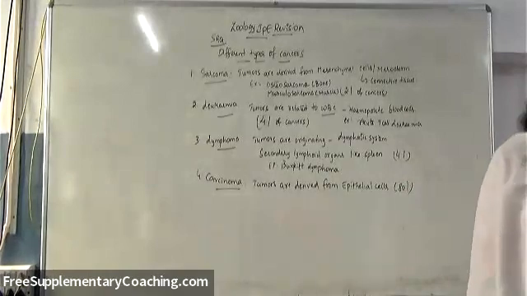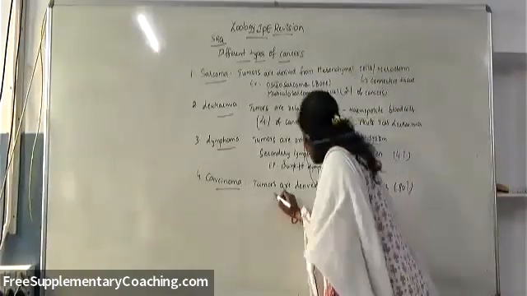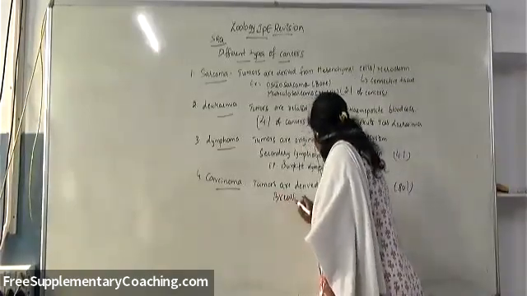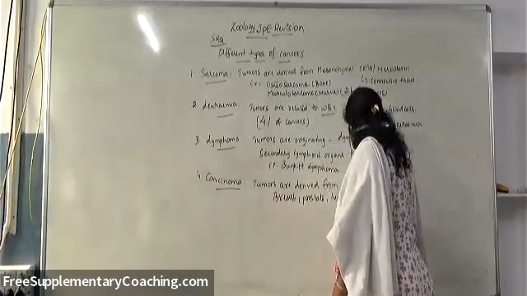So like this, there are different types of cancer like sarcoma, leukemia, lymphoma, and carcinoma. In carcinoma also we can see different types, like breast, prostate, lung, and colon cancer.